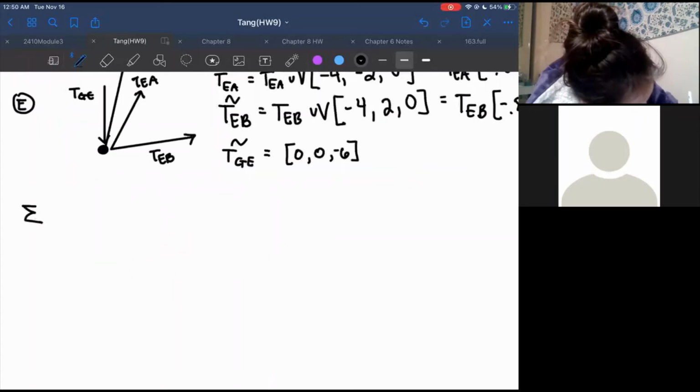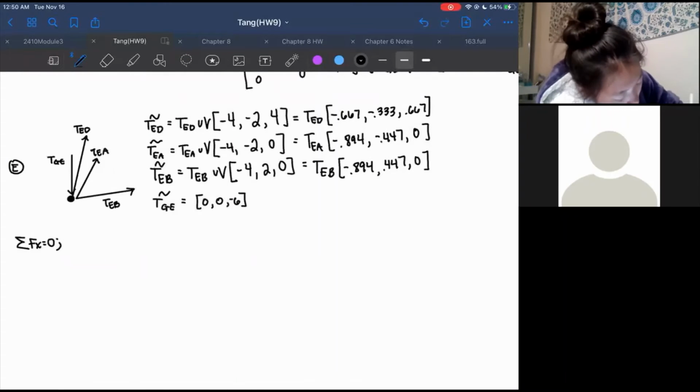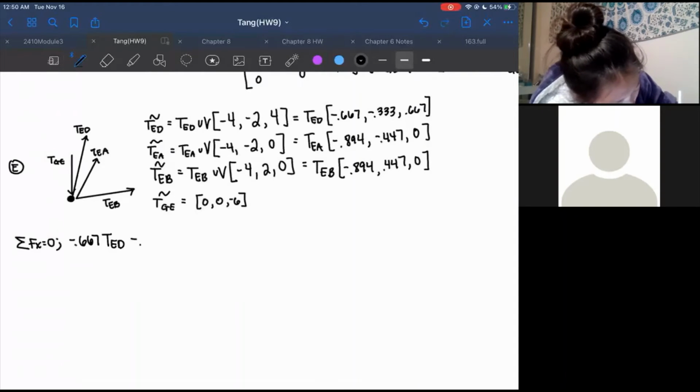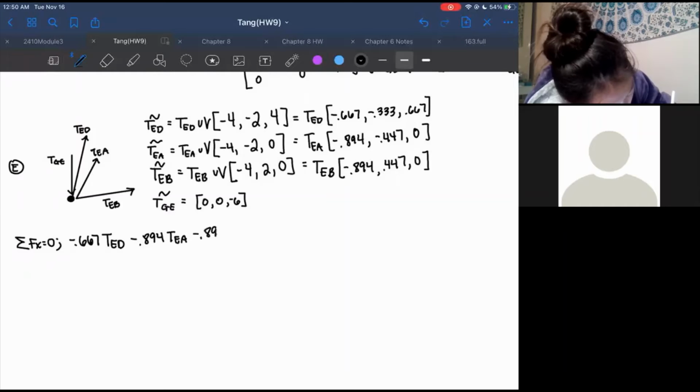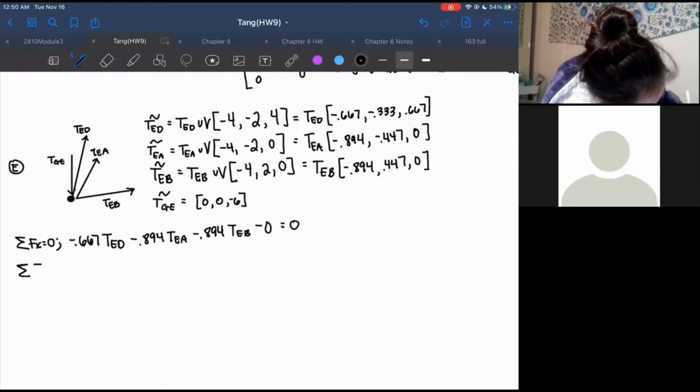Now we can go find sigma Fx equals 0. So we know that negative 0.667 times TED minus 0.894 times TEA minus 0.894 times TEB minus 0 equals 0. We know Fy equals 0.